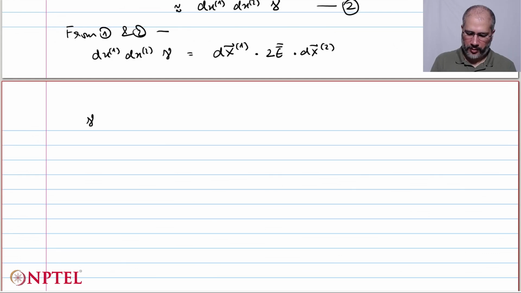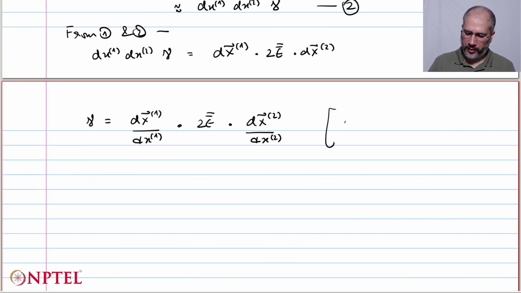So I'll express the gamma now, which is dX1 upon, let's keep the small dx1 magnitude here, dot twice epsilon dot dX2 upon small dx2 magnitude. Now here what we'll do is we will take small dx1 magnitude approximately equal to capital dX1 magnitude, that we have been doing, and small dx2 magnitude approximately capital dX2 magnitude.